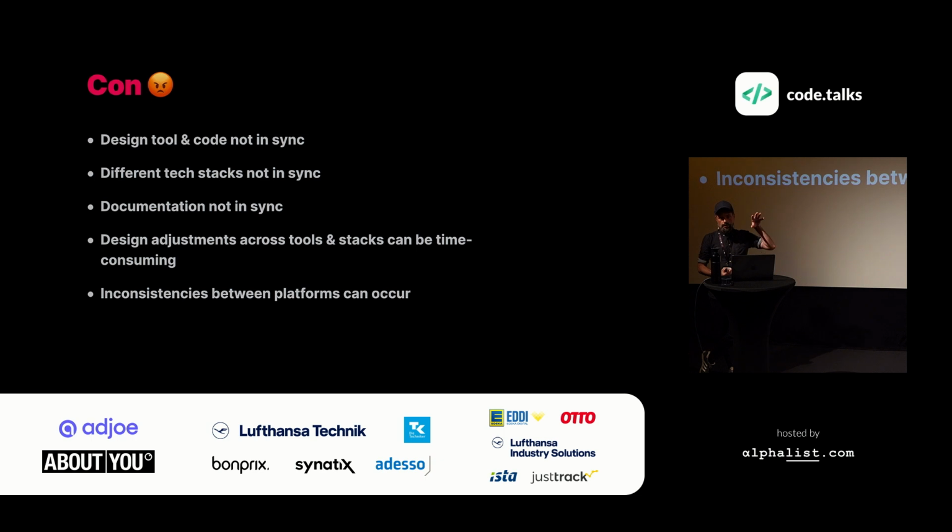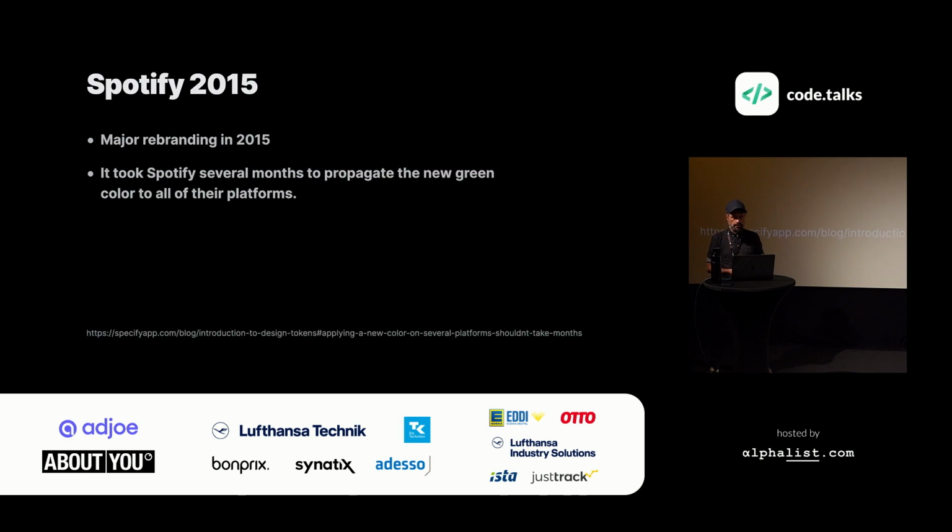It's not the designer who changes a value and everything is propagated to the final deployed product. So communication is involved. The designer might talk to developers. They have to edit some values manually, and errors are more likely if you have many platforms to deal with.